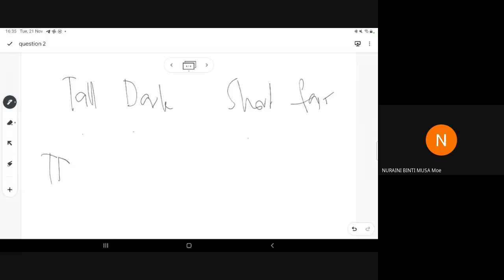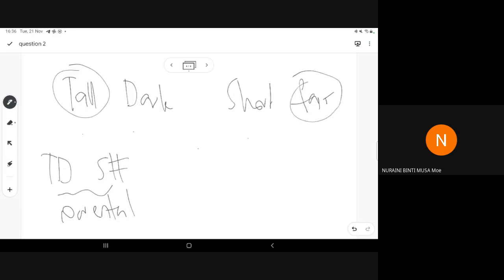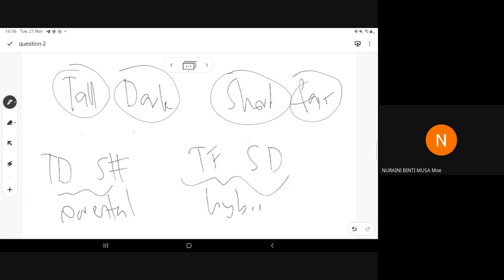Okay, so tall, dark, short, fair, ini ialah parental genotype. Tapi hybrid ni ialah kalau dia ialah a combination of the phenotype from the dad and the mom. Kalau dia ialah tall and fair ataupun dia ialah dark and short, okay, ini kita panggil dia hybrid genotype.